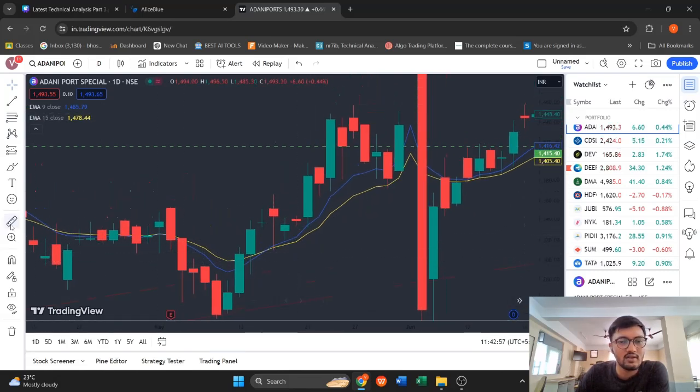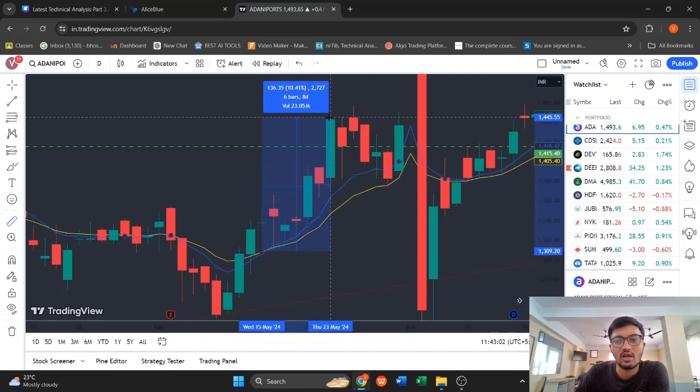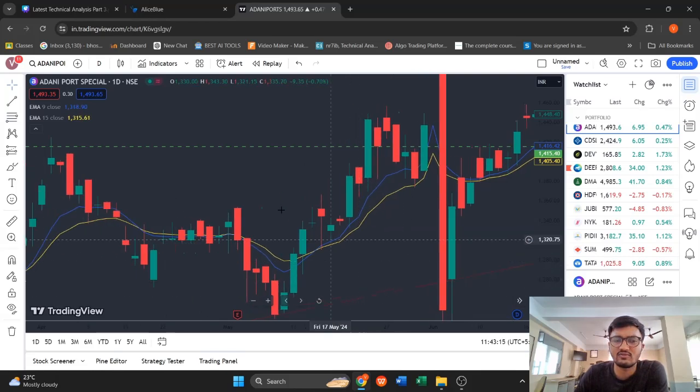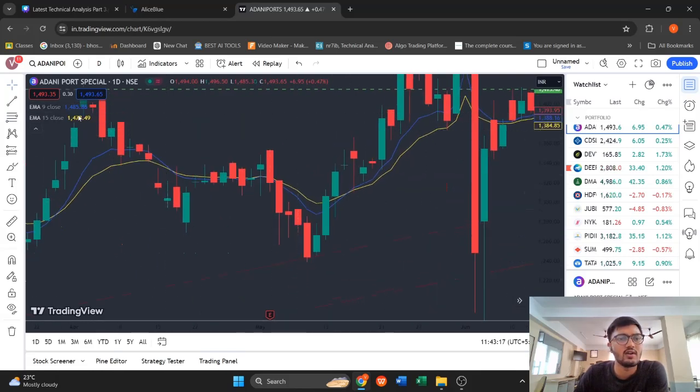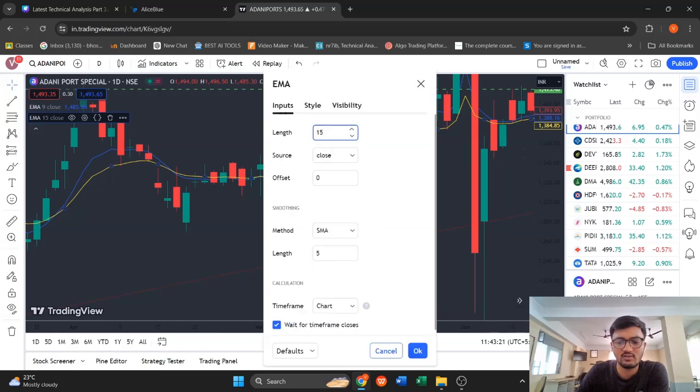From that day, if you would have bought the Adani stock, Adani Ports, you would have made 10% profit in like 8 days. That is the kind of move that you can capture using moving averages alone. Moving average works very good, honestly, and some people take into consideration 9 and 21 as well.